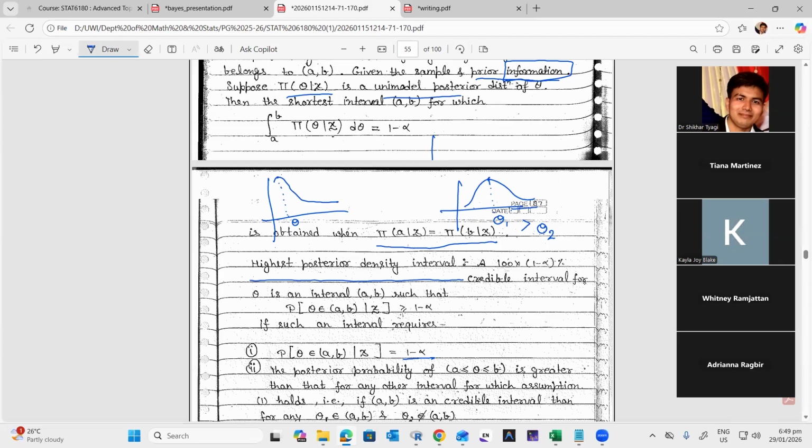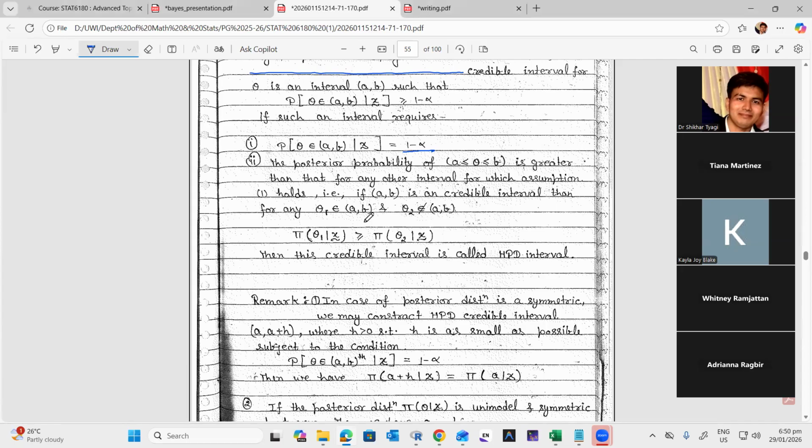Any other value of theta will not occur if it is unimodal. Whatever value of theta occurs, either here or here, the probability will be smaller only.